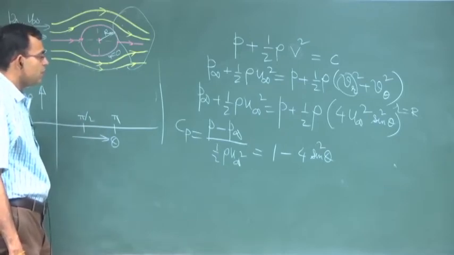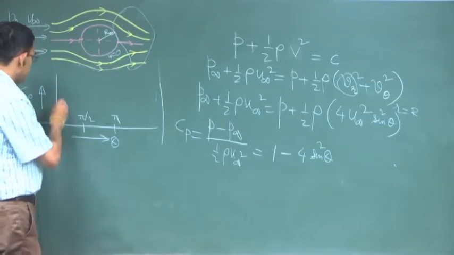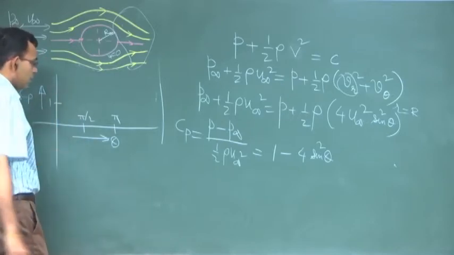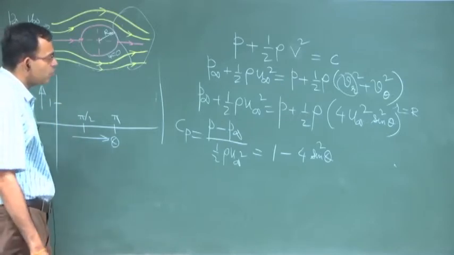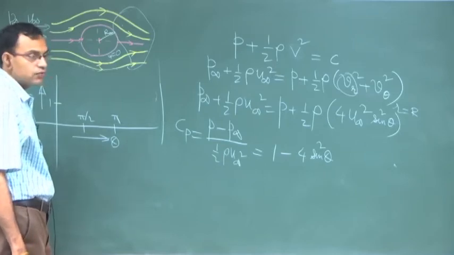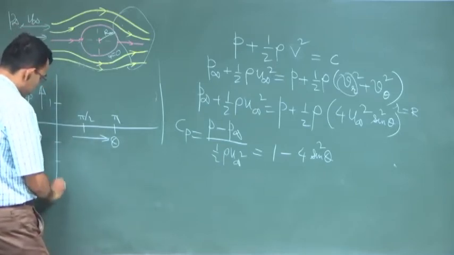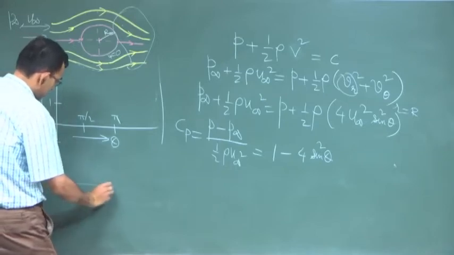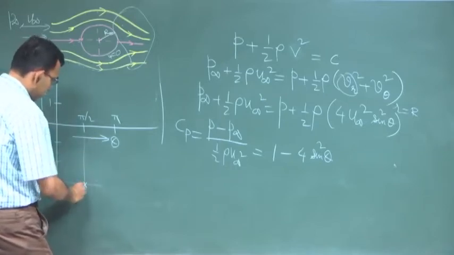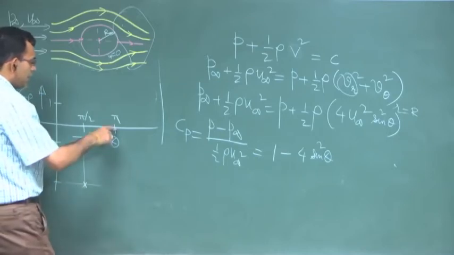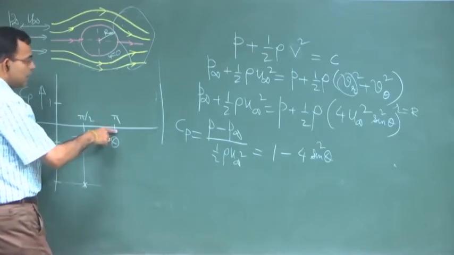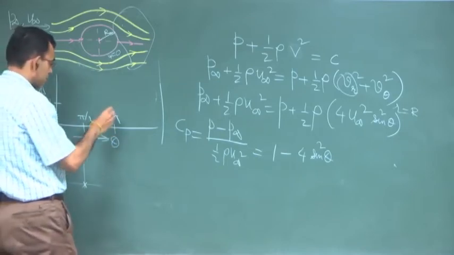When theta equal to 0, Cp is 1. When theta is equal to pi by 2, it is 1 minus 4, that is minus 3. When it is pi, it is again 1.